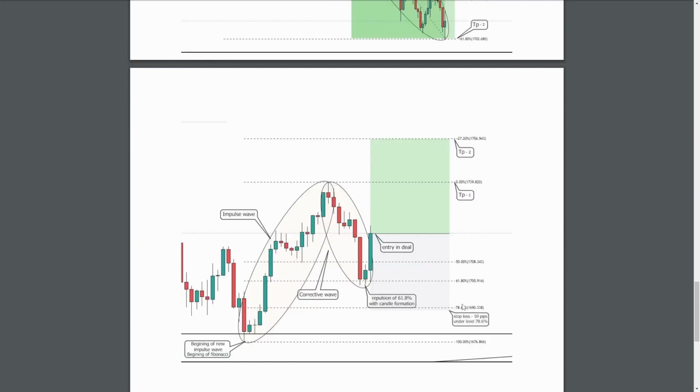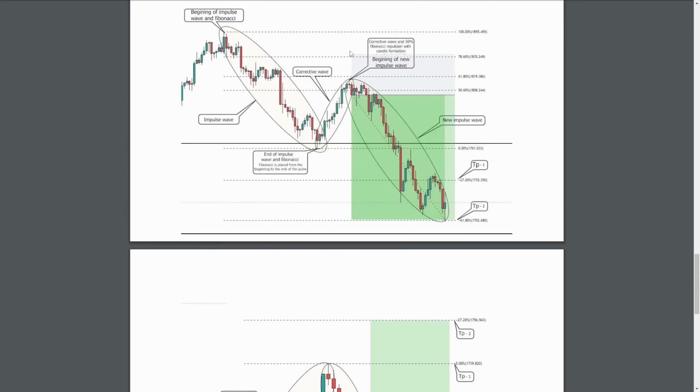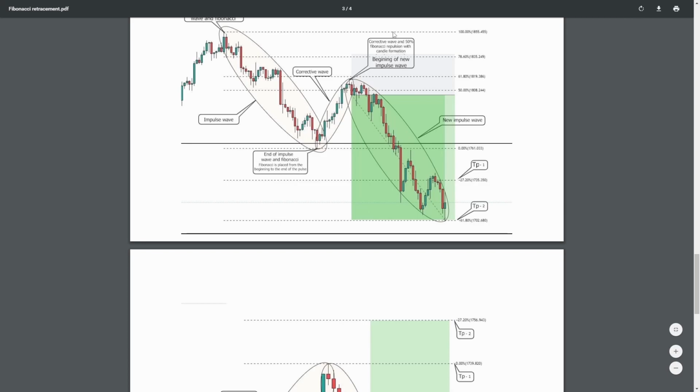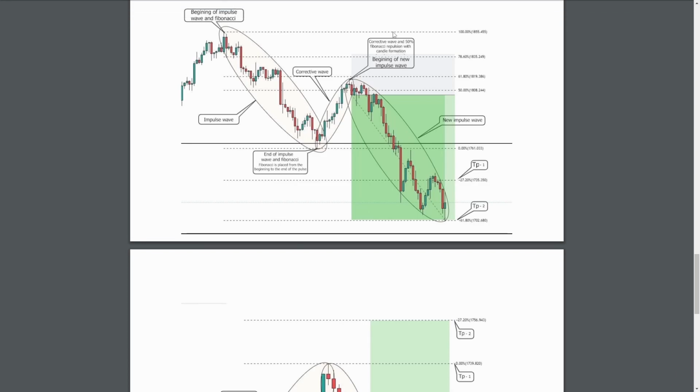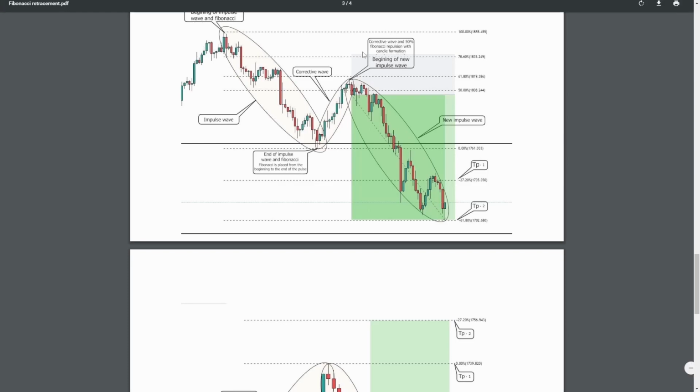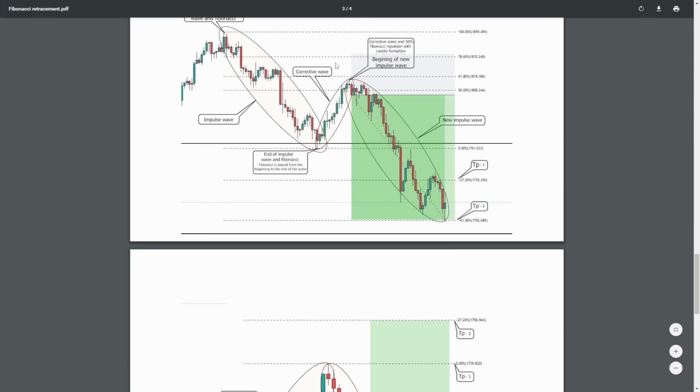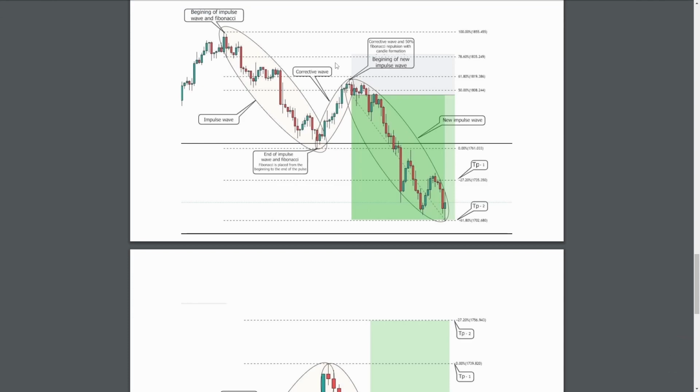That's why we make it 10 pips above the level. Of course, this way we protect our deal even more. If we have buy, we will put it 10 pips below 78.6 because we will need to protect our trade if by chance the price goes back down a bit more and then makes a move up.